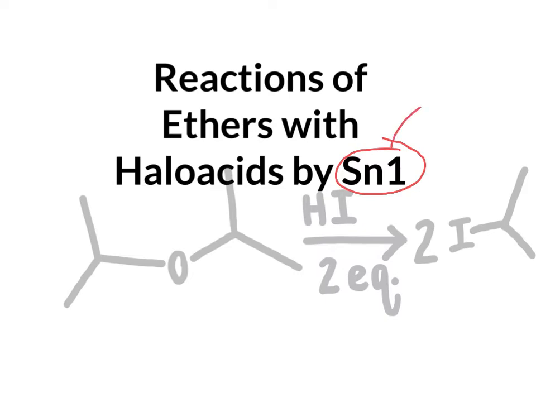So what we're going to be looking for here are situations where the carbon-oxygen bond, that particular carbon, is a secondary carbon, a tertiary carbon. This will also apply if the carbon that is bonded there is allylic or benzylic.